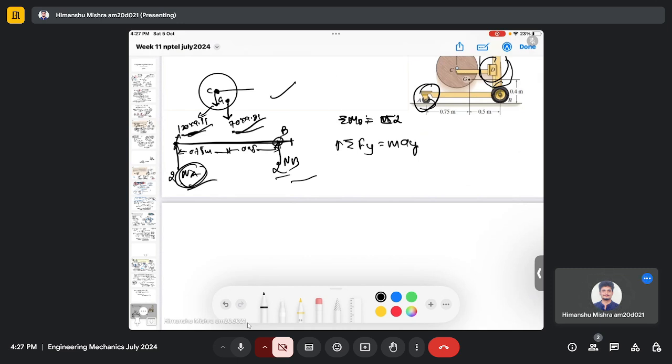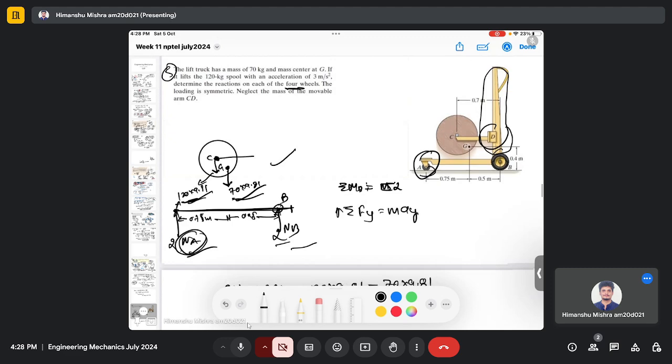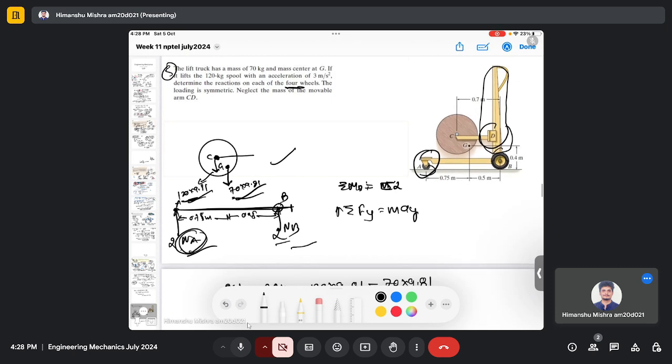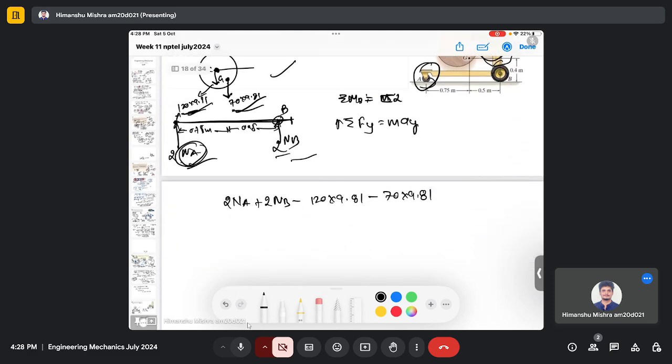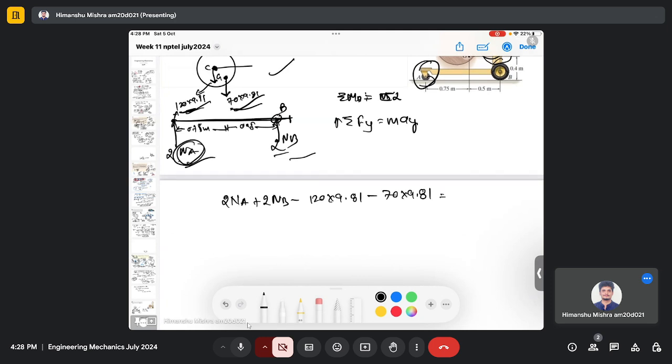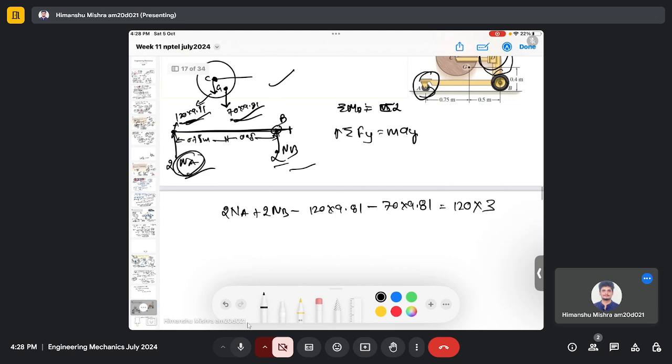So it will be 2NA plus 2NB minus 120 multiplied by 9.81 minus 70 multiplied by 9.81 equals M, which is 120, times acceleration, which is 3. So this is my equation 1, because there are 2 unknowns here.